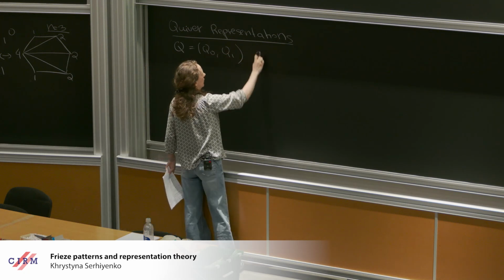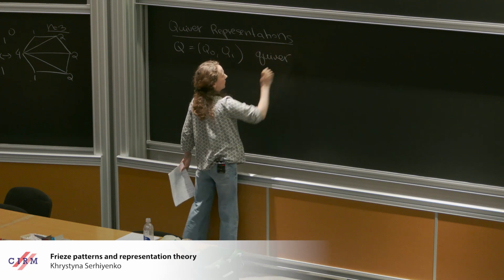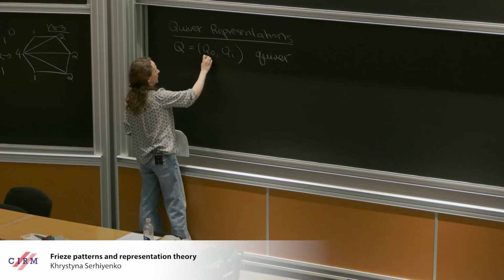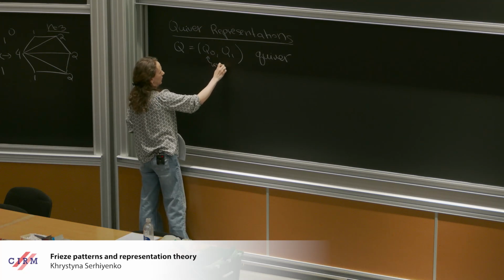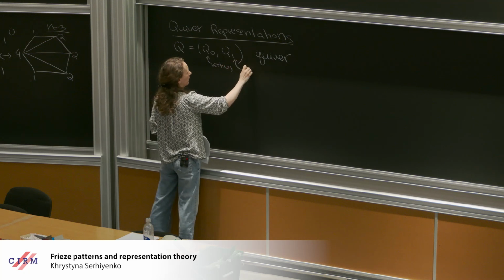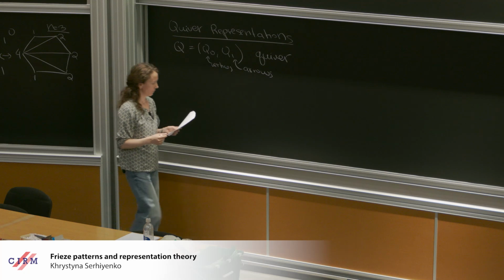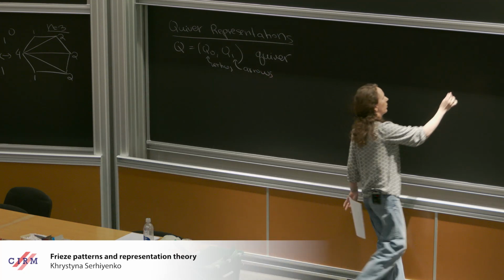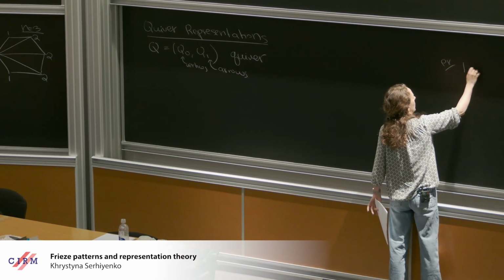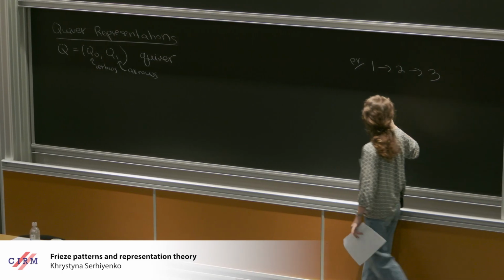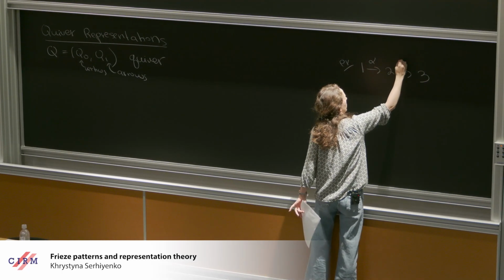So this is a quiver, or in other words, a directed graph. Q0 are the vertices, and Q1 are the arrows. Okay, so our small running example for this is 1 goes to 2 goes to 3. That's a quiver. 1, 2, 3 are my vertices. My arrows are alpha and beta.